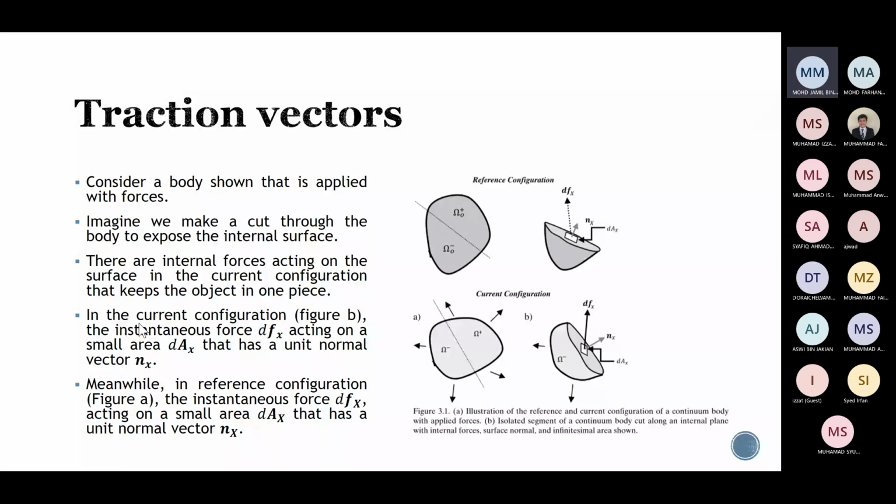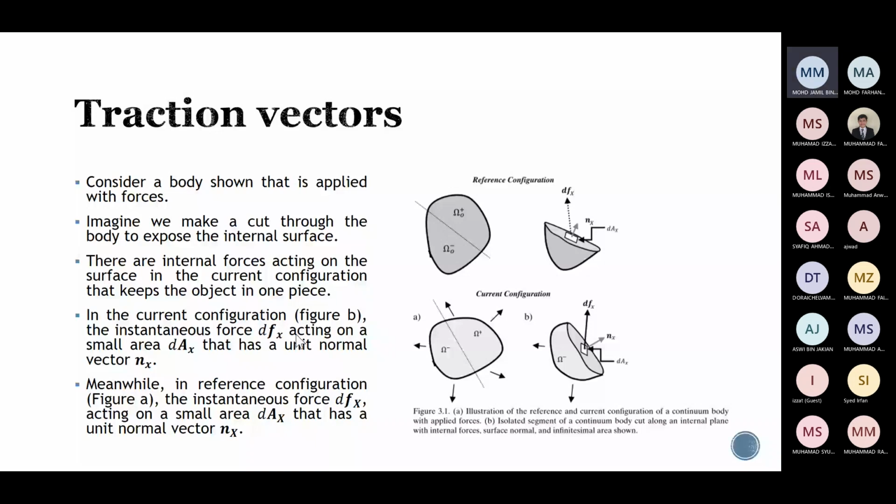So in the current configuration, figure B, the instantaneous force dF small x acts on a small area dA small x. Meanwhile, in the reference configuration, the force is dF big X acting on a small area dA big X. Okay, so similar to what we have learned in deformation, small x represents the current configuration, big X represents the reference configuration.